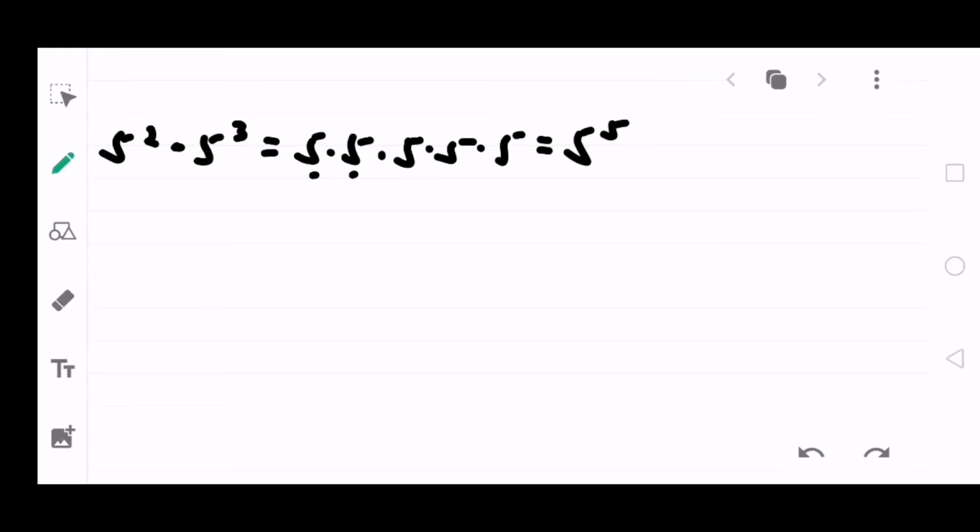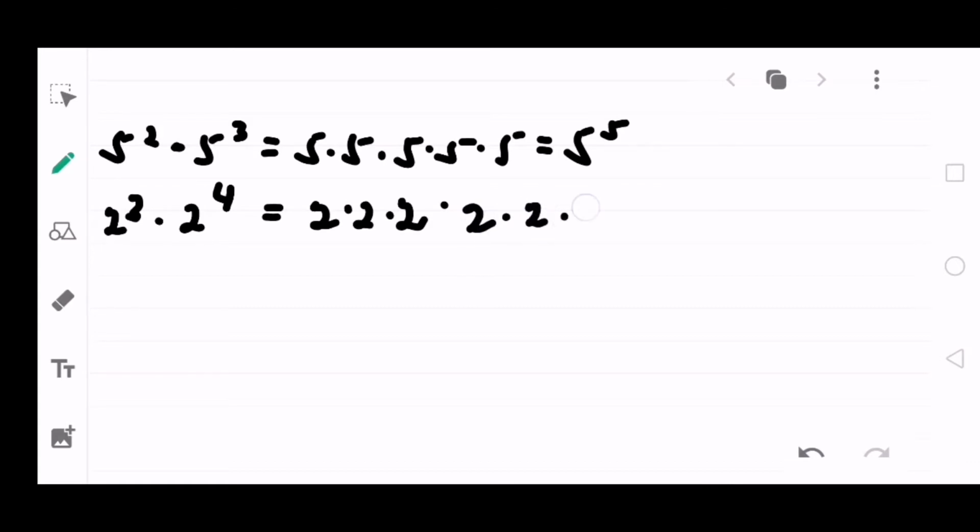Now let's have another one. Let's say we have 2 cubed times 2 raised to 4. 2 cubed is the same as 2 times 2 times 2, and multiply it to 2 raised to 4, which is the same as 2 times 2 times 2 times 2. Or simply, this one can be written as 2 raised to 7 since we use 2 seven times as a factor.